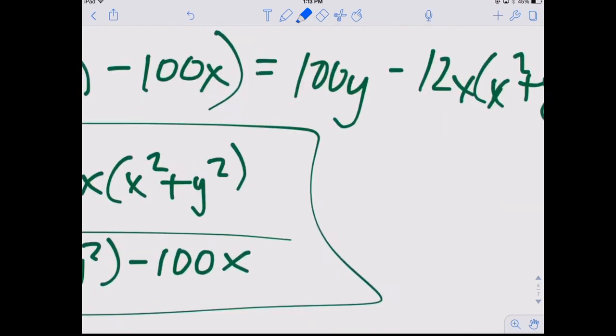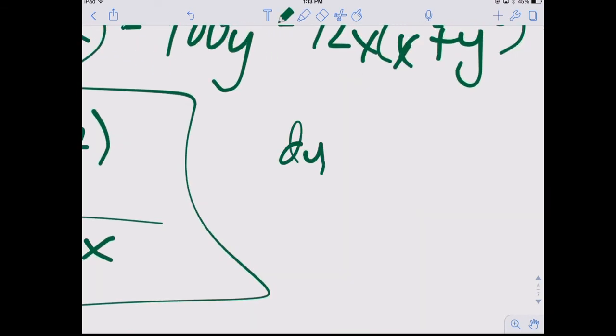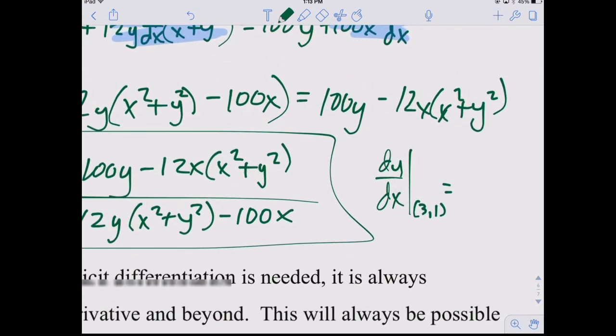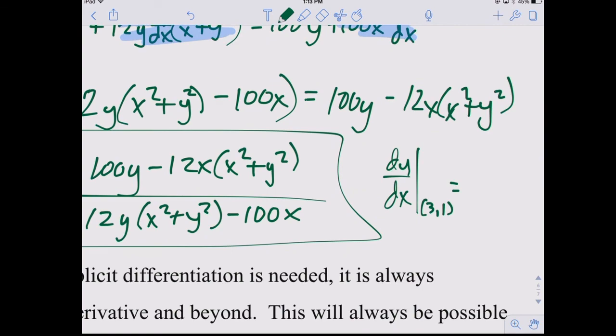To evaluate it at 3,1, we would just say now dy dx evaluated at the point 3,1, and of course then we can just plug in a 1 for every x and a 3 for every y. And does anyone have the answer? Anyone get it?